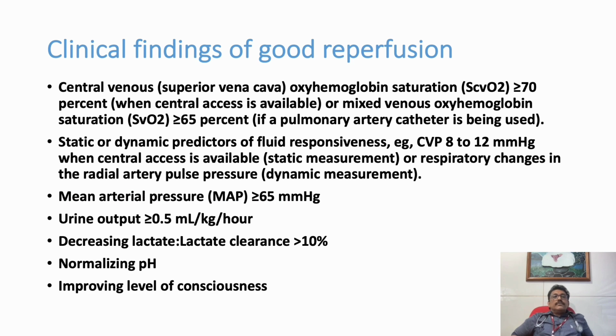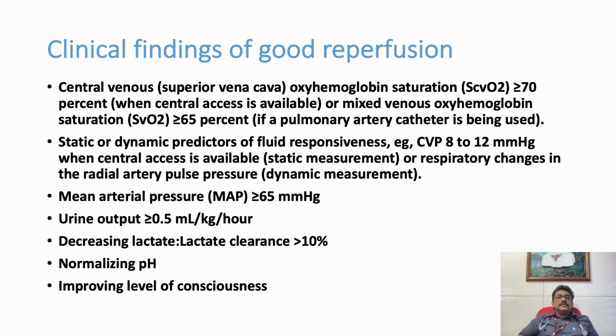And signs of good perfusion are always very, very important. There are a lot of signs, but everyone can monitor the urine output. If there is a very good urine output, more than 0.5 ml per kg per hour, that's a very good sign of good perfusion. Again, mean arterial pressure can be kept above 65. Try to keep it.